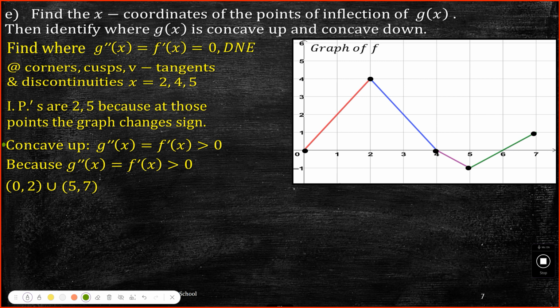And concave down will be what? What do we say on the concave down? Do we have to say from 2 to 4 and then 4 to 5?